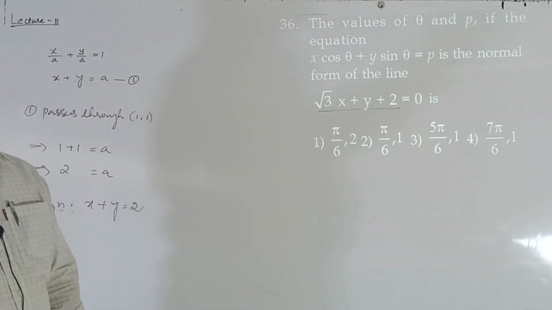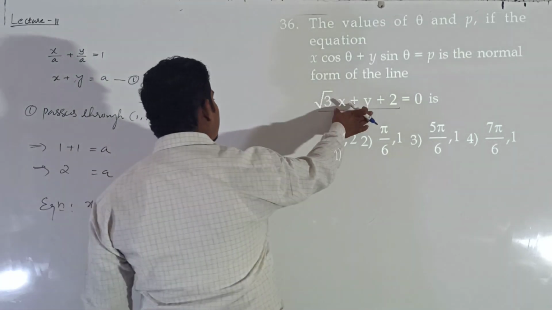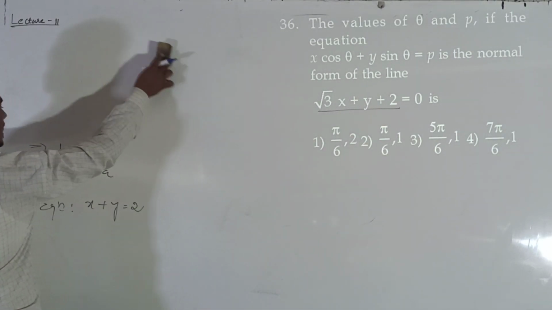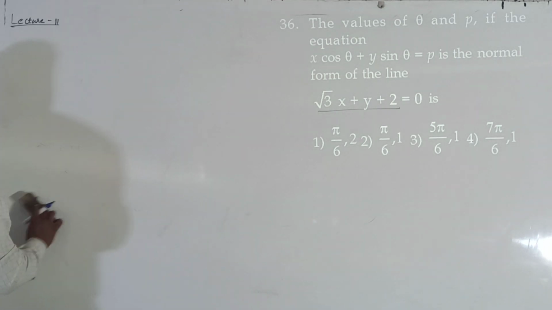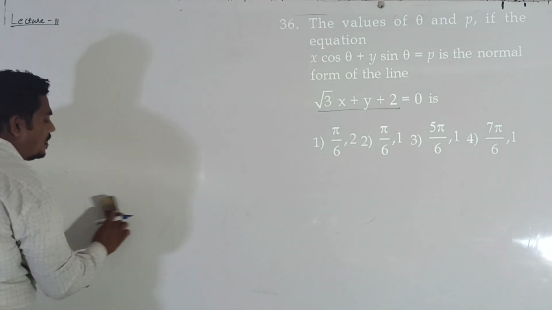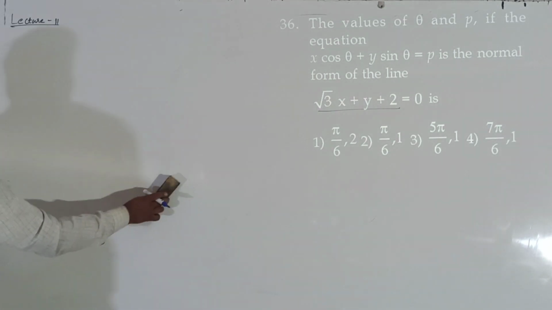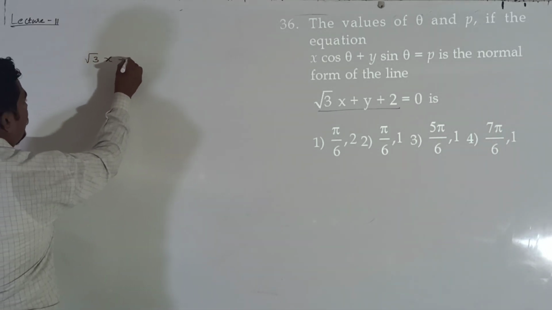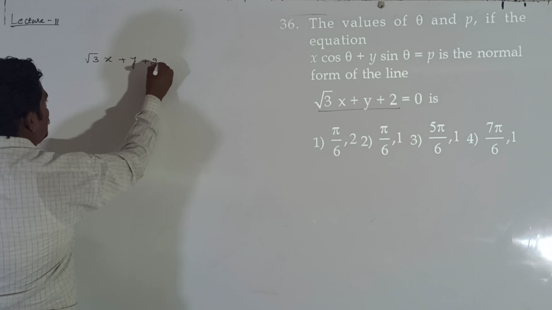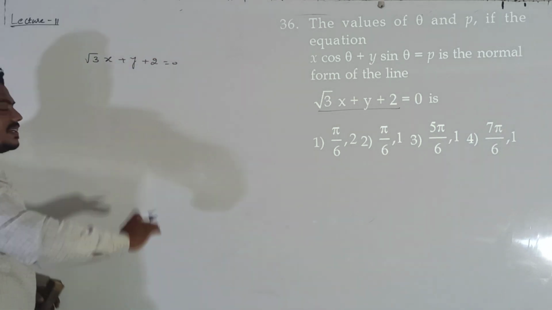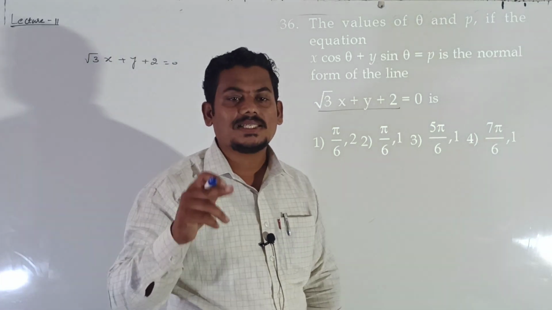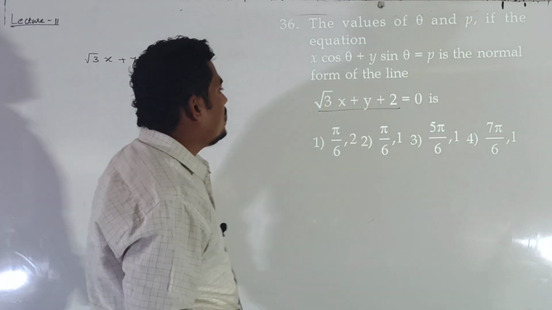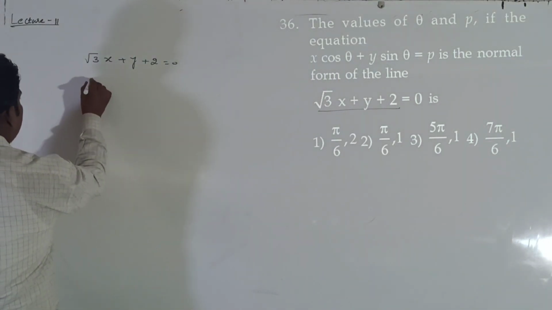First reduce this equation into normal form, then write theta value and p value. p is the perpendicular distance between the origin and the line. The equation is root 3 into x plus y plus 2 is equal to 0. First reduce this equation into normal form, in the form of x cos theta plus y sin theta is equal to p.